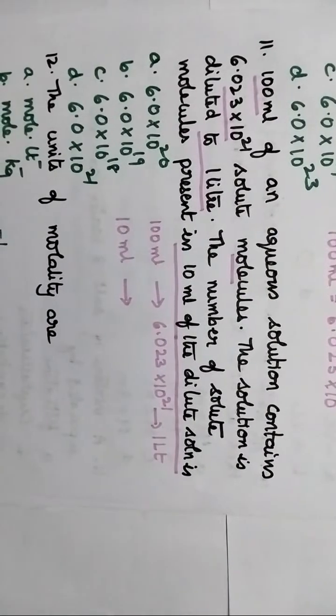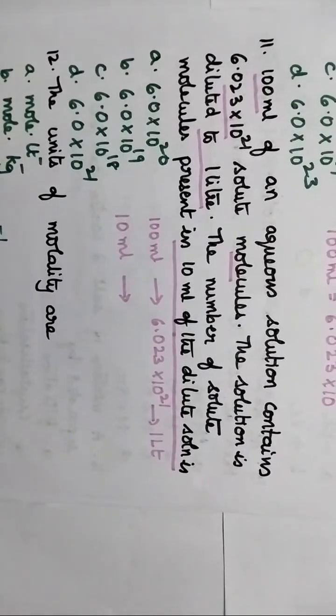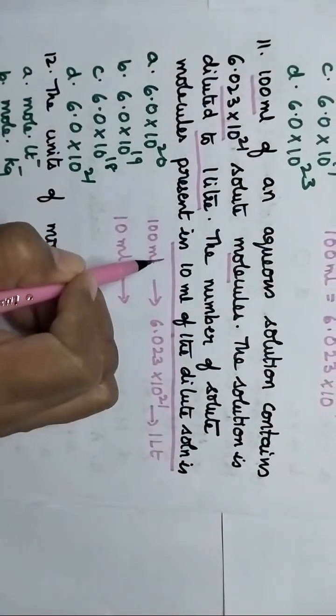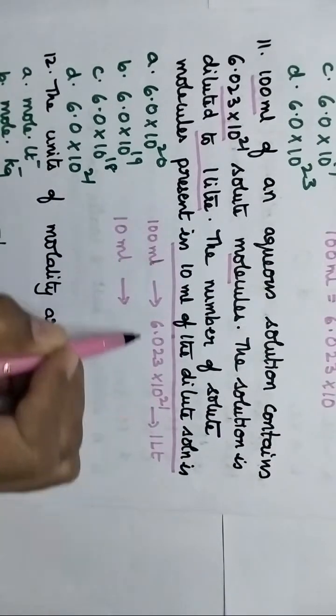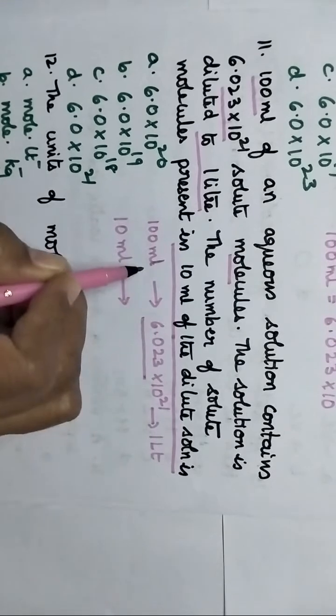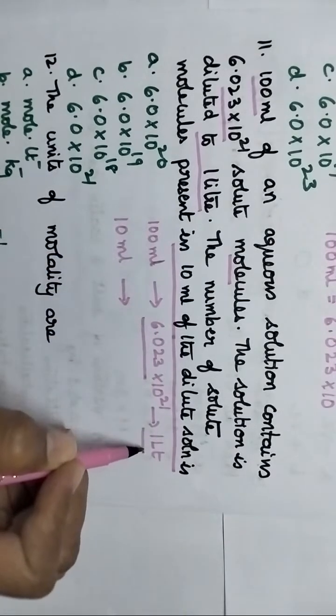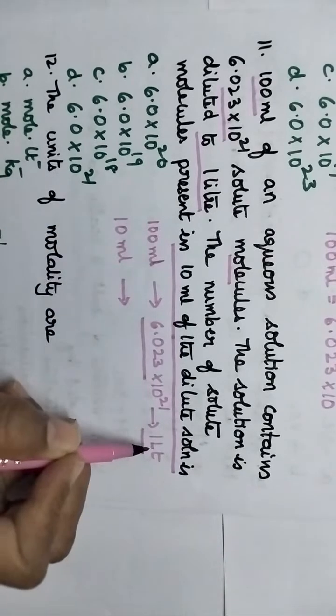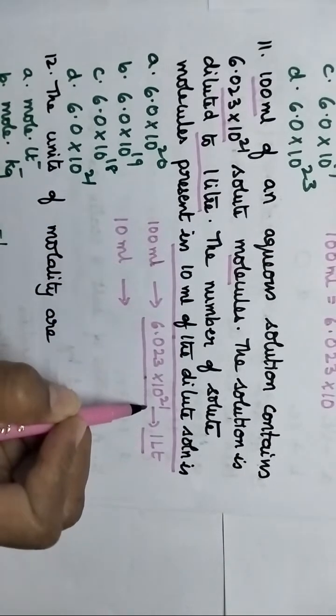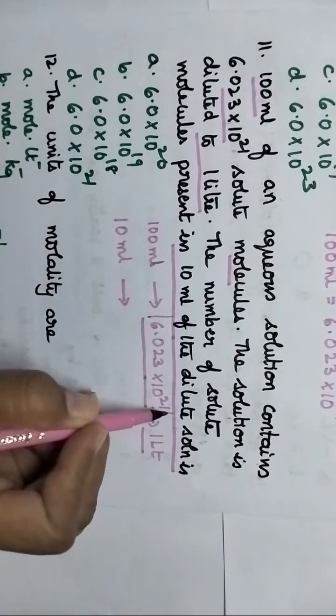Anyhow, I will explain in detail. Initially 100 ml of the solution is taken that contains 6.023 into 10 power 21 particles. The solution is diluted to 1 liter. Even then it still contains the same number of particles, isn't it?